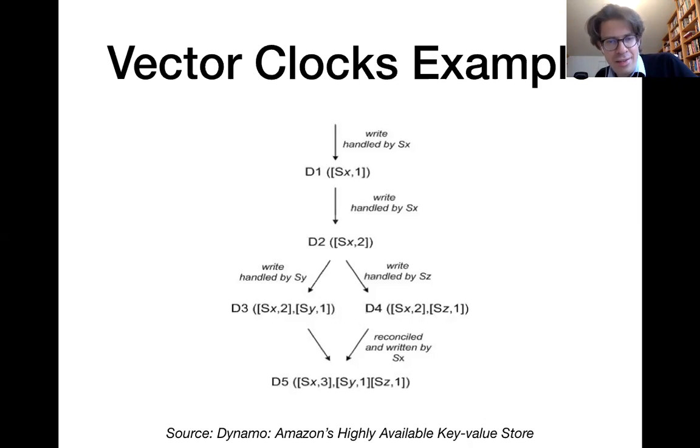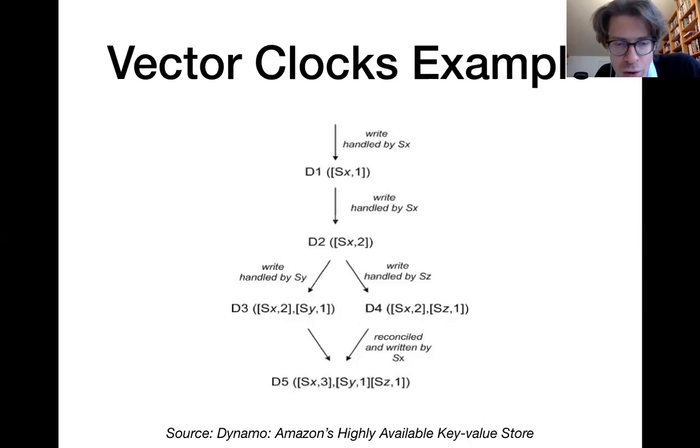And in this case, it actually becomes difficult to reconcile those 2 diverging versions, because now we cannot really say that any of them is uniformly more advanced than the other one, because one of them includes changes by SY, while the other one includes changes by SZ. So in this case, we have to somehow use, for instance, a domain-specific reconciliation strategy in order to get back to a common version.